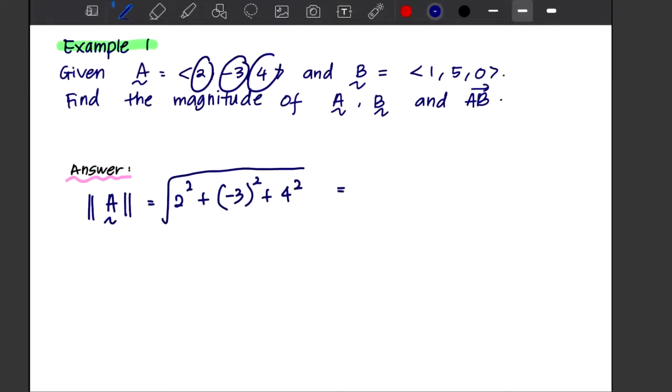You will get square root 29. So the length of vector A is square root 29.